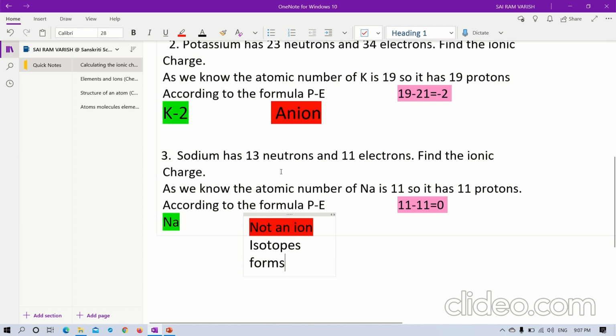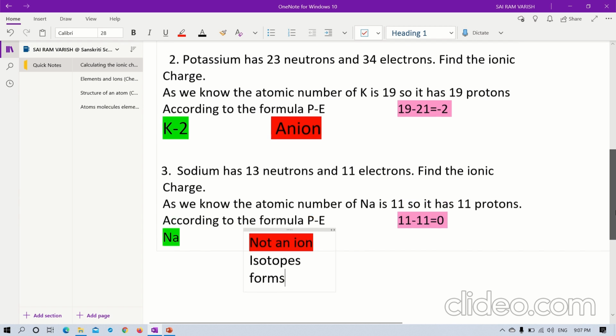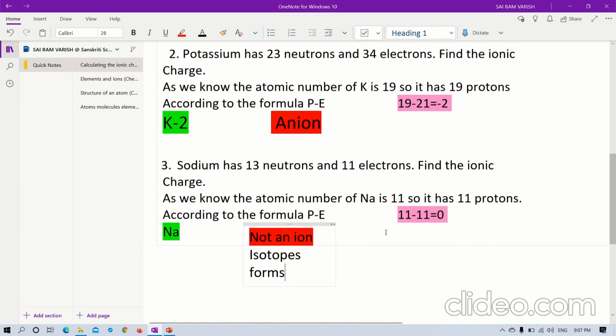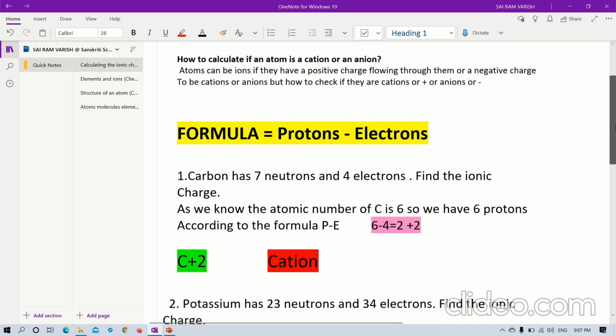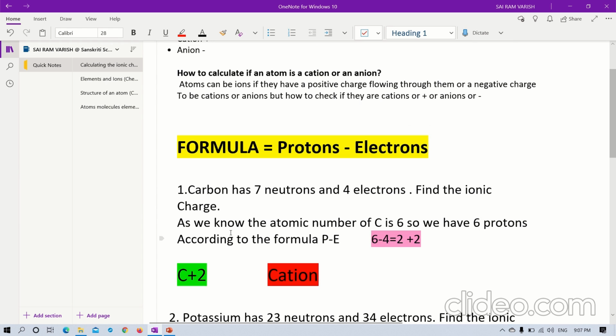There might be any number of neutrons or electrons, but the protons remain the same because protons define an element. So these are all isotopes. You can take your own number of neutrons and electrons and try to solve it. You shouldn't be fixed on carbon having 7 neutrons and 4 electrons.